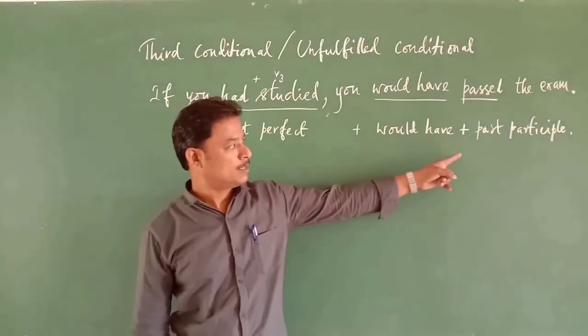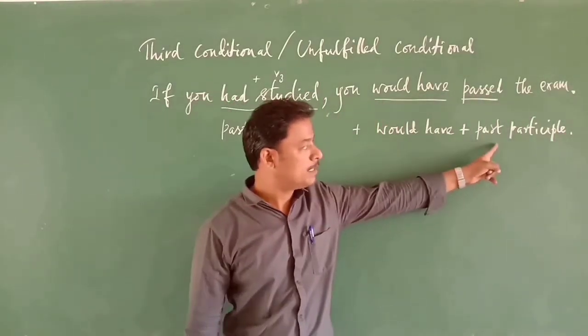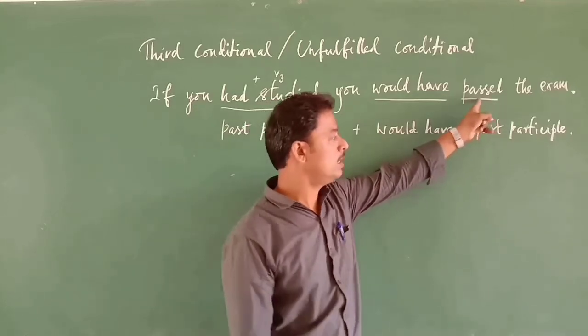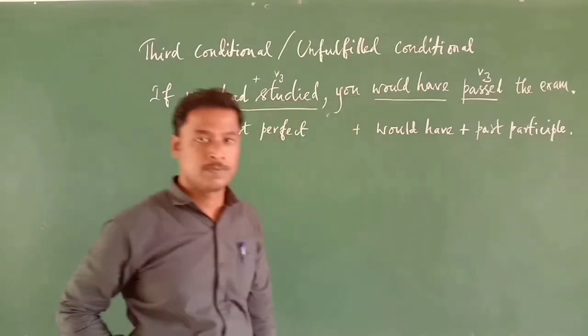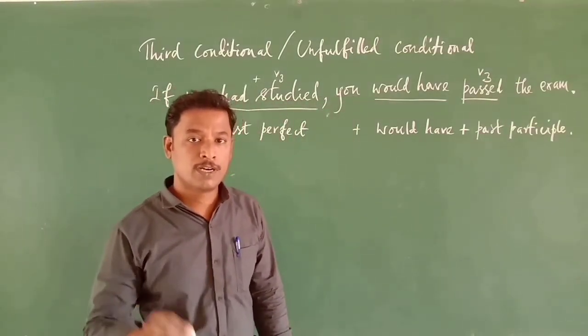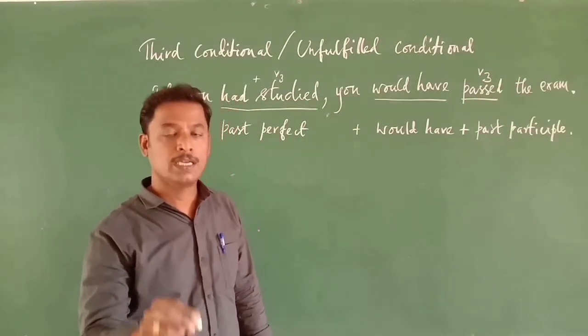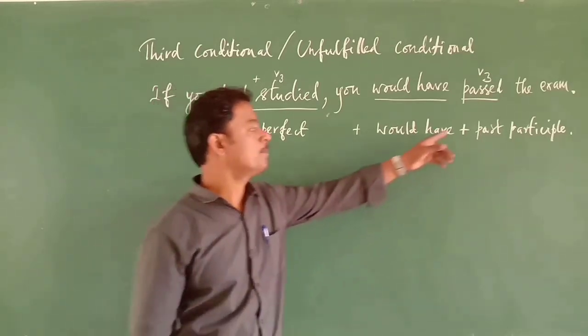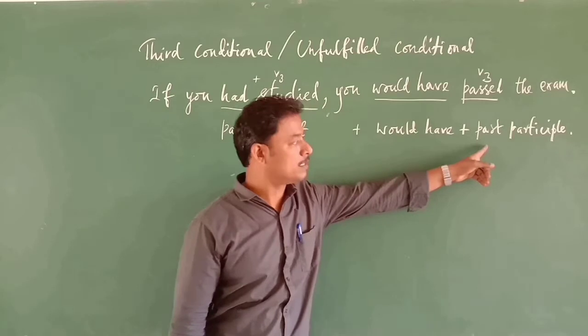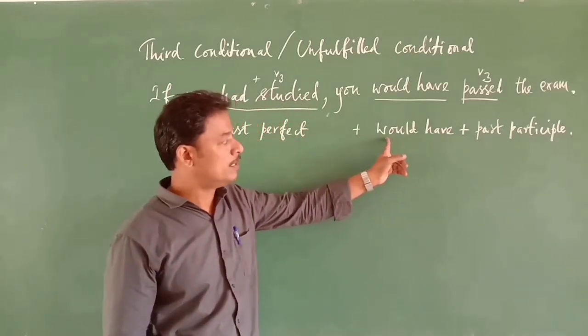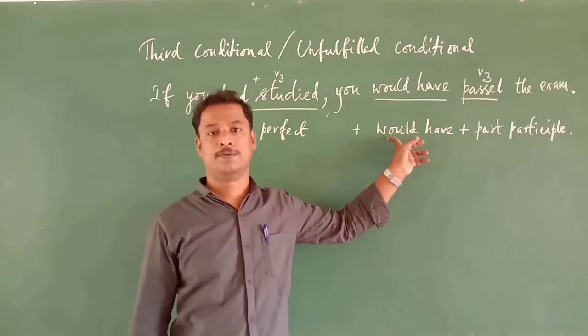Past participle is otherwise called verb 3, the third form of a verb. This past participle must be preceded by would have.